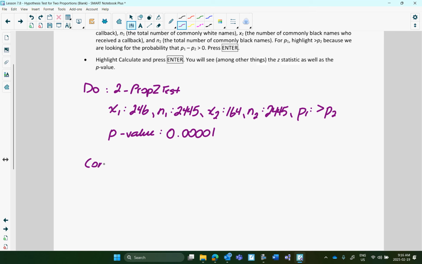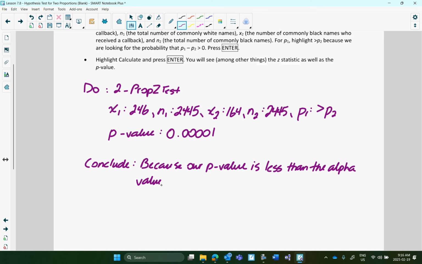And then remember how we conclude the test? Because our p-value is less than what normally is the significance value or alpha value of 0.05, it is less than the alpha value, you reject the null.